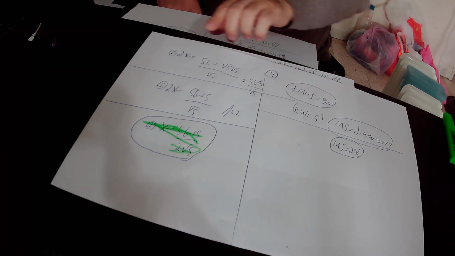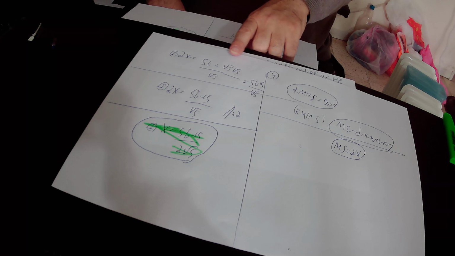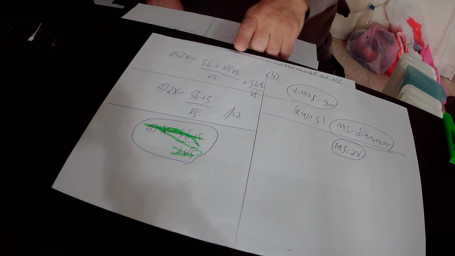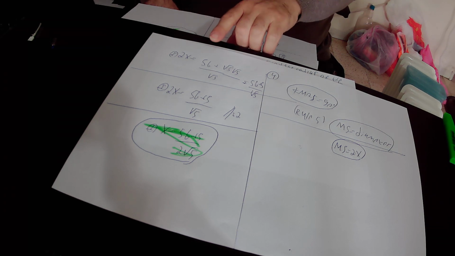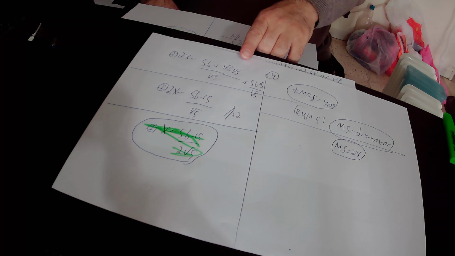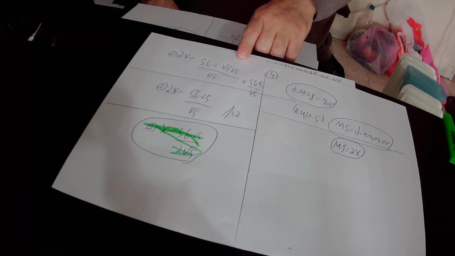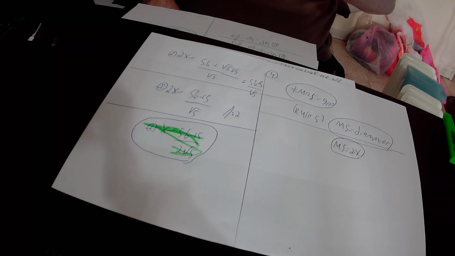So here we have 2x equals 5b over the square root of 5 plus the square root of 5 times the square root of 5, divided by the square root of 5, so we change nothing. In the numerator we have 5b plus the square root of 5 times the square root of 5, which is 5. So in total, the numerator is 5b plus 5 over the square root of 5.